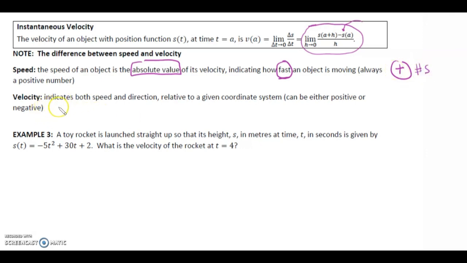Now, velocity, which is what we just did in the last example, and this is why I kept them as negatives, this indicates both speed and direction. Okay, so this is concerned with two things, speed and direction. We're going to get more into this when we do vectors. Okay, relative to a given coordinate system, this can be positive numbers or it can be negative numbers. It can be both.